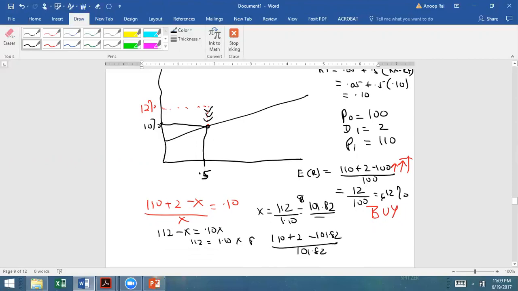That's my return. Or I'll make $12 over 101.82, which is exactly equal to 10%. So you say, okay, 101.82 is a good price. So if any stock is lying above the security market line, we say it's undervalued and you should buy the stock.